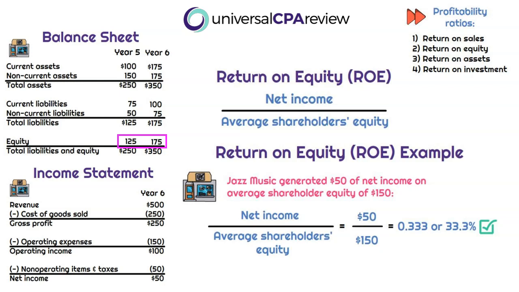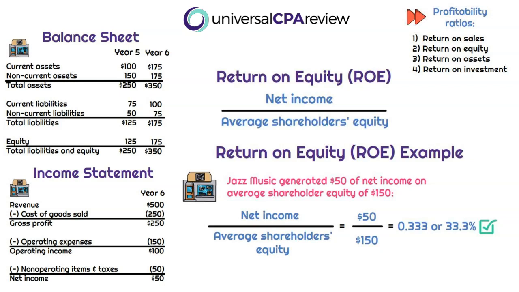Looking at the balance sheet. So we take the average, and that is how we get to 150. So they'll either tell you average shareholders' equity, or they'll give you two periods, and you'll need to take the average.